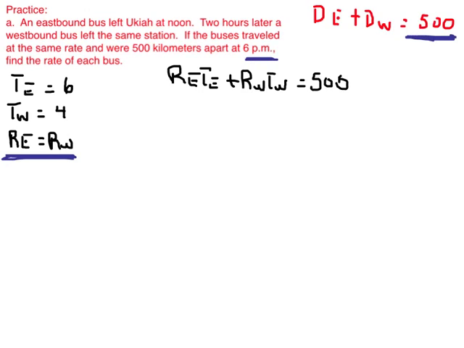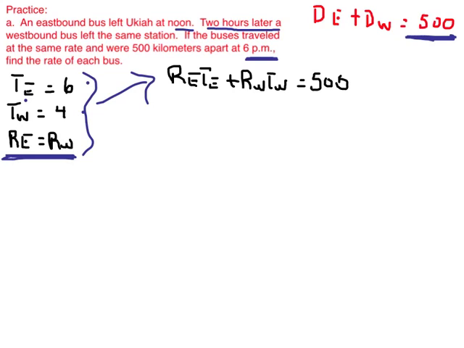So what do we know about the time? The eastbound bus left at noon and traveled until 6 p.m. That's 6 hours. The westbound bus left 2 hours later, so he only traveled 4 hours.